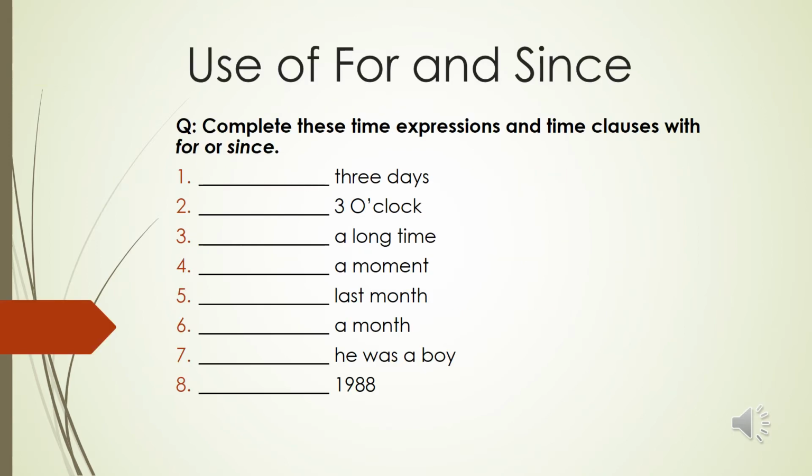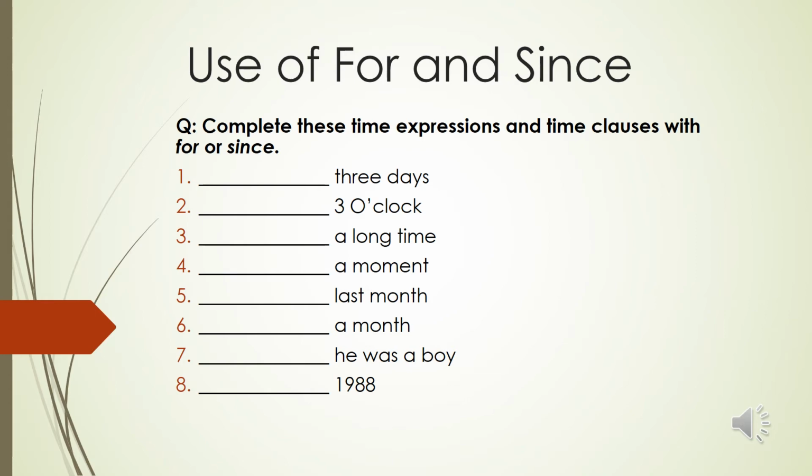I have taken out some time expressions for which we will use for and since. As the question says, complete these time expressions and time clauses with for or since. Number one, 3 days. It can be any 3 days. So we will use for 3 days.